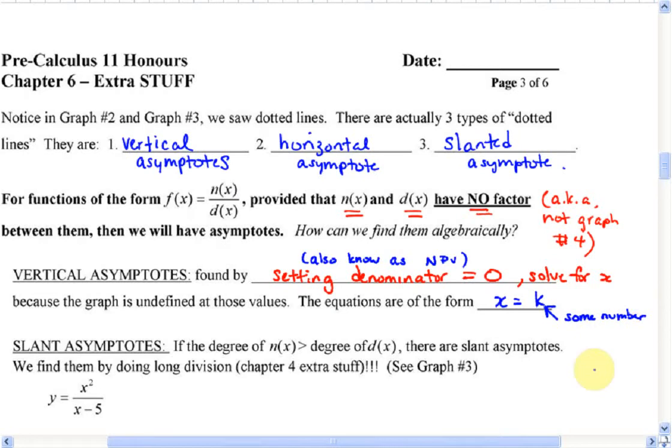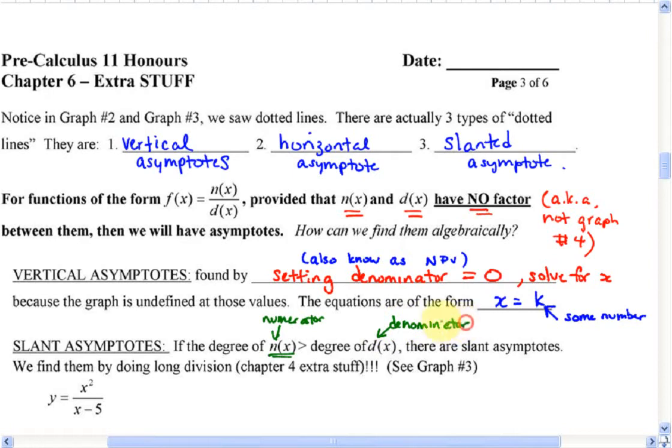So finding the vertical asymptotes, easy, okay? Finding the slanted asymptotes, not so easy. Now remember, a slanted asymptote occurs when the degree of the numerator, so n of x is the numerator, is bigger than the degree of the denominator, okay?